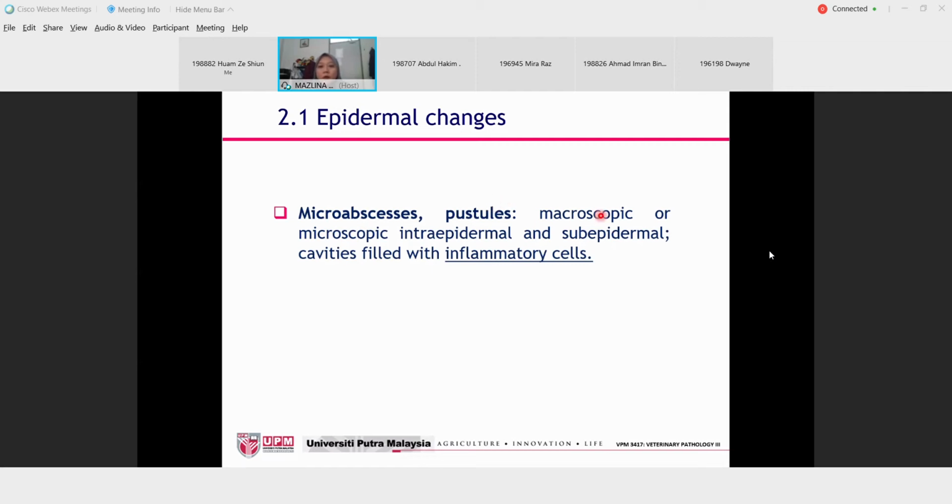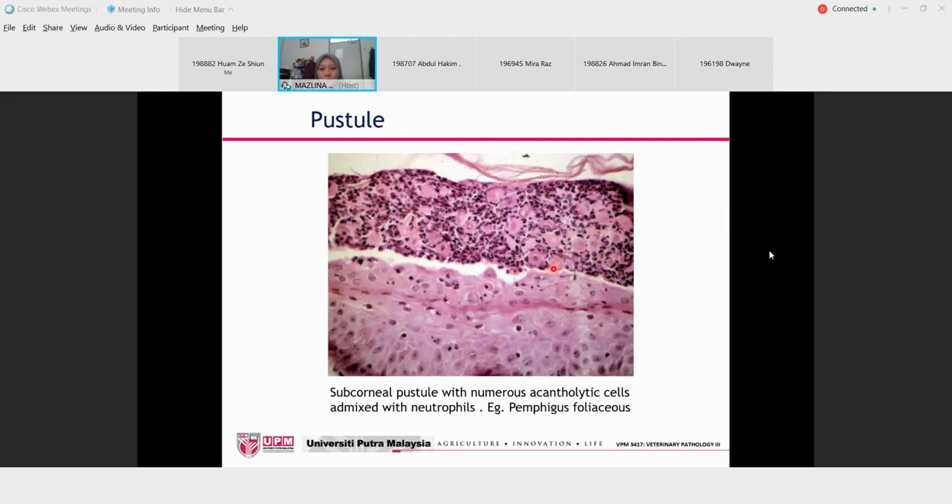So those are basically macroscopic or microscopic. Intraepidermal means it can happen in the epidermis layer itself, or maybe below the epidermis, so subepidermal. Usually these are cavities filled with inflammatory cells, usually neutrophils. This is an example of a pustule.